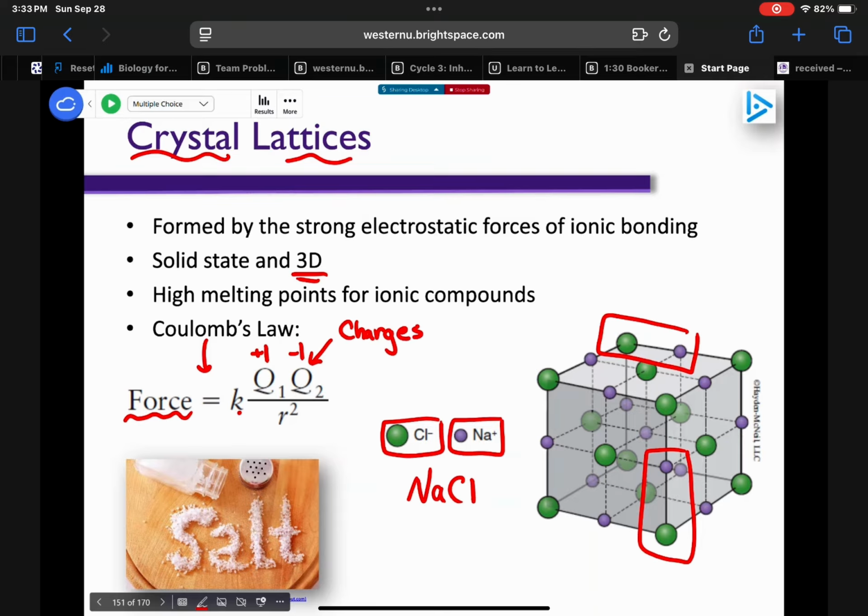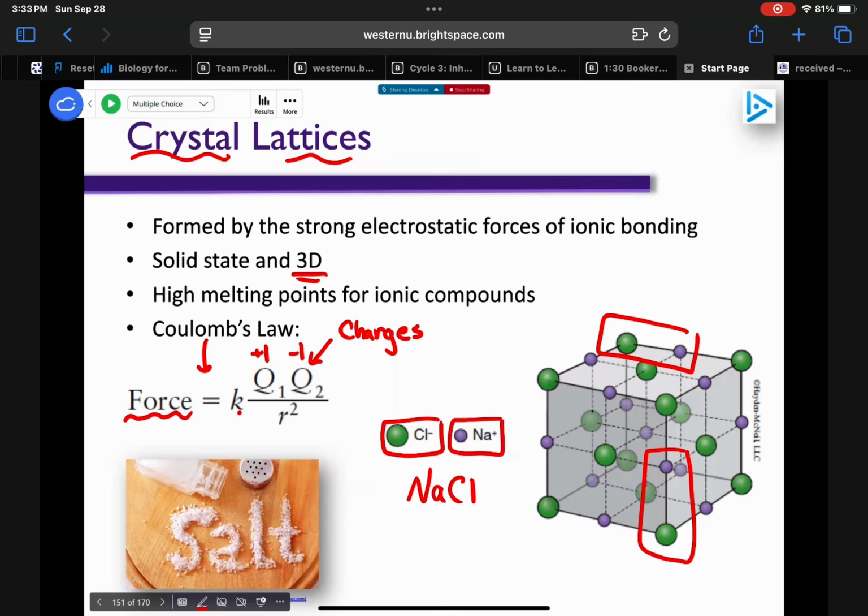But imagine if it was a +2, -2. Now we would have a 4 in the numerator. As the charge increases, we go from +1 to +2 to +3 and so on, we can see that the force is directly proportional to the product of the charges. So as the charges increase, the force increases, which means the attraction between the cation and anion increases.